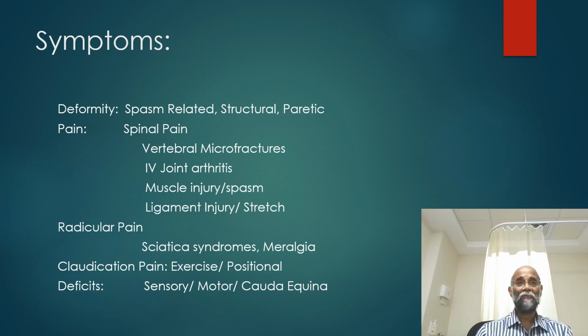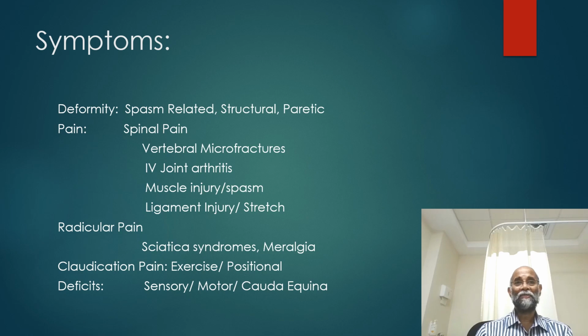Radicular pain includes sciatica syndromes in the leg and brachialgia in the arms. Meralgia paresthetica is a classical lateral thigh pain, which is also radicular but of not very obvious cause.